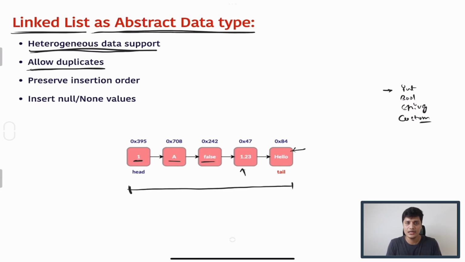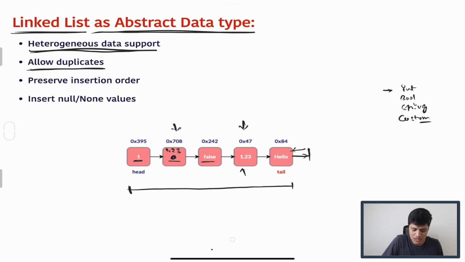And the second property is allowing duplicates. In the case of linked list, there is no restriction on how many times each value can be stored. For example, let's assume that here instead of a, we have value 1.23 as well. Now, inside the linked list, 1.23 is available here and 1.23 is available here itself.